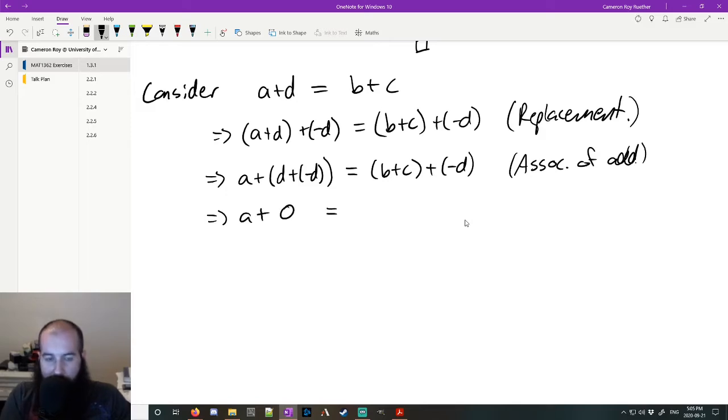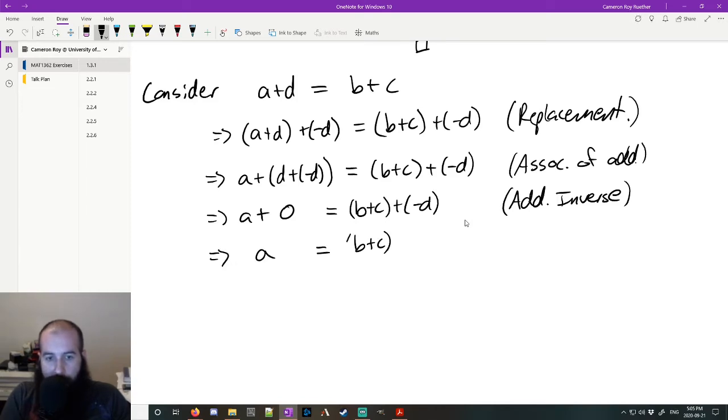This one now is just the normal additive inverse identity, or additive inverse axiom. And a plus 0 is a by additive identity.